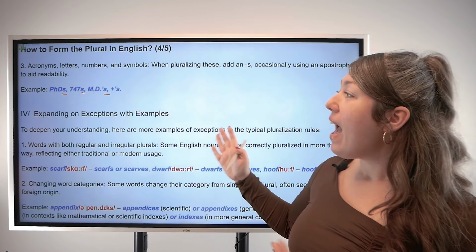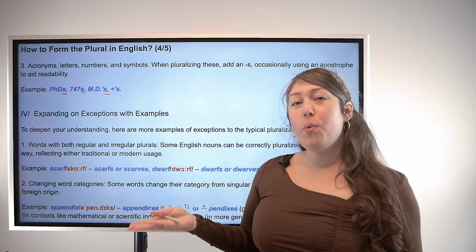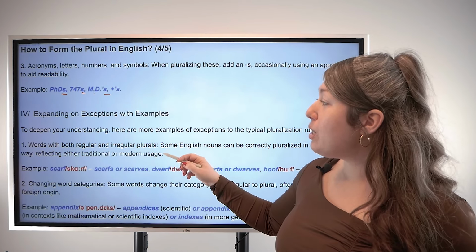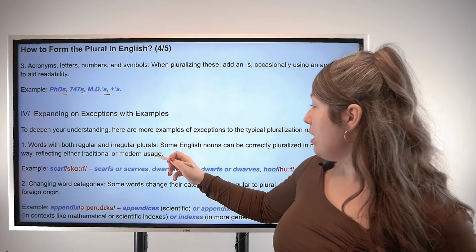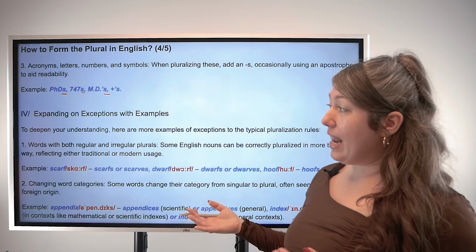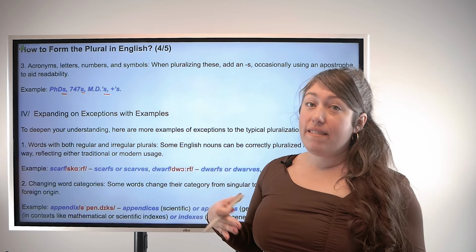Good. And we have some more examples of exceptions to the rule when making singular into plural. So we have words with regular and irregular plurals, because some English nouns can be correctly pluralized by adding an S, and they can sometimes be pluralized by adding VES.